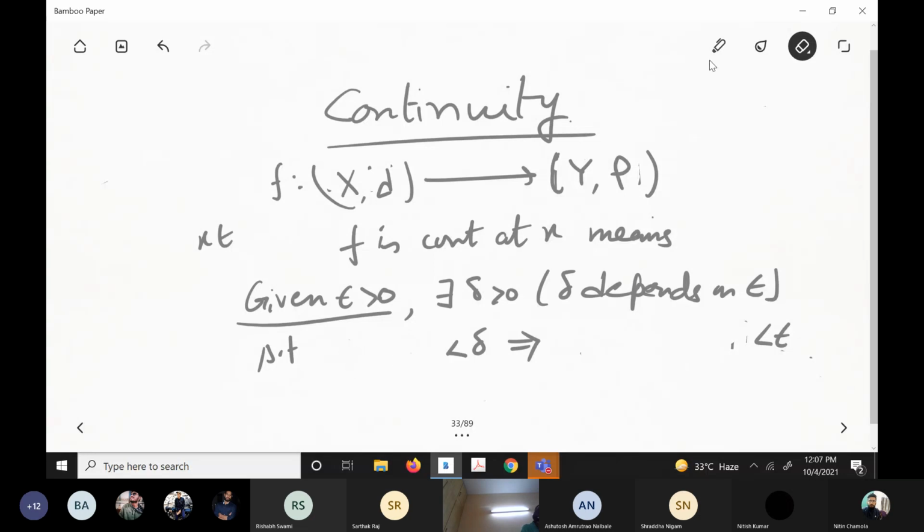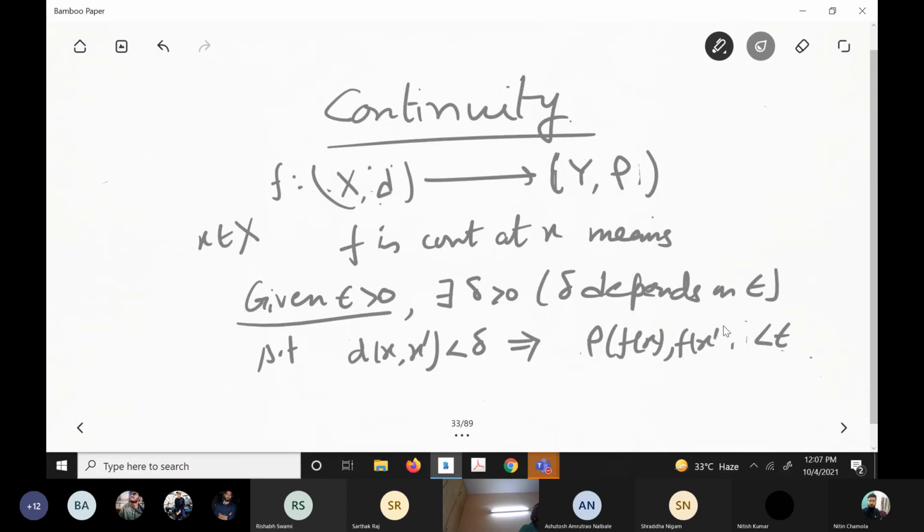Look what I'm doing. x belongs to X, then f is continuous means here distance d(x, x prime) less than delta implies rho(f(x), f(x prime)) less than epsilon. Okay, so this is just what happens between the real lines and the continuity on the real lines that you copy here.